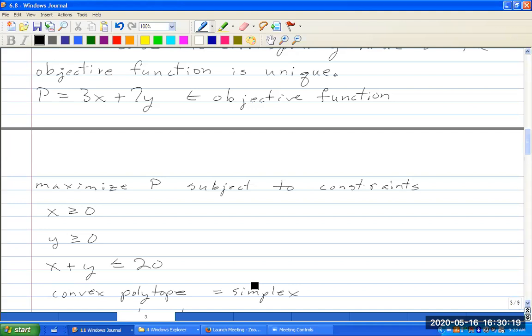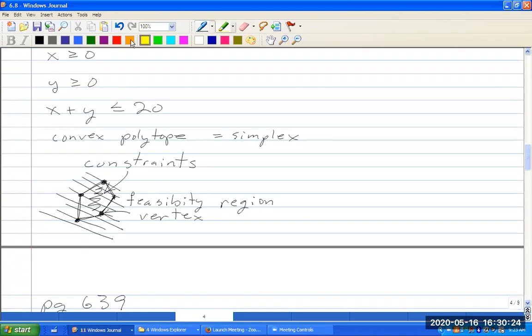So for example, this region here that I've just shaded is my feasibility region.